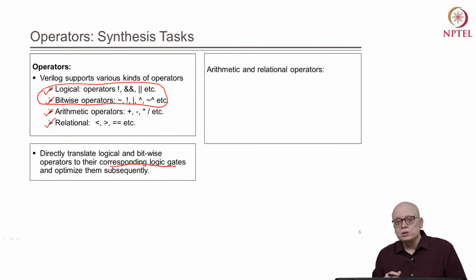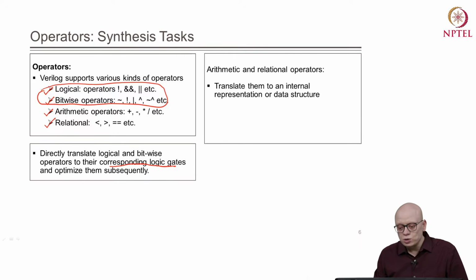So, the RTL synthesis tool treats arithmetic and relational operators differently than logical and bitwise operators. It first translates these operators to some internal representation or data structure, maybe a graph representation, in which the operator and operand relationship is preserved.